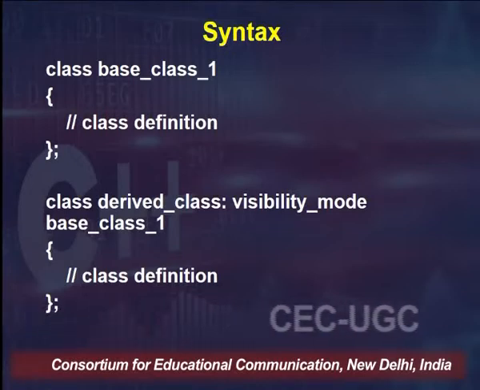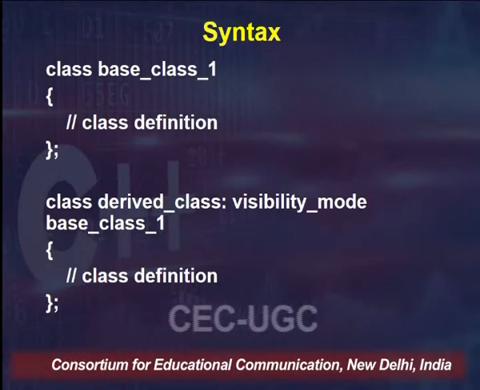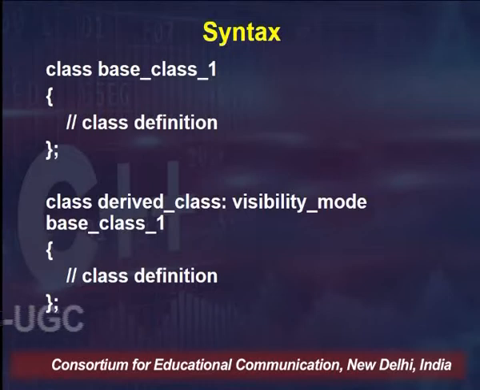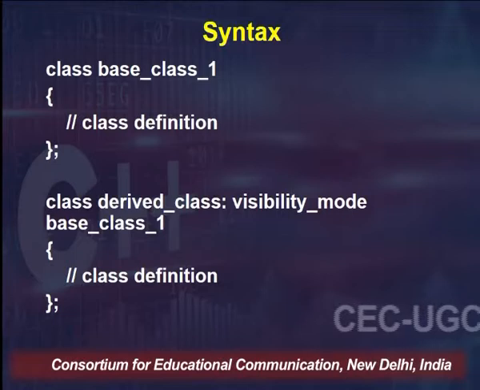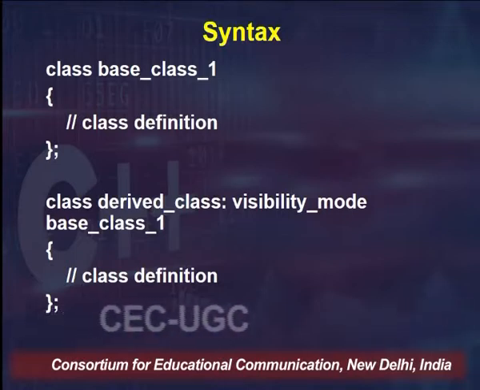While defining the derived class, we will write class and the name of the class, let's say we have taken derived_class, then a single colon. After that single colon we have to have a visibility mode. This visibility mode could be public, private, or protected depending upon the requirement of the application. This visibility mode says that this derived class is actually inheriting the base class.